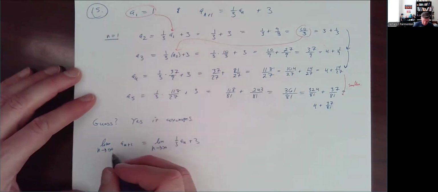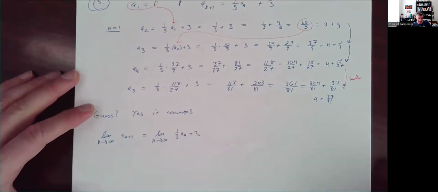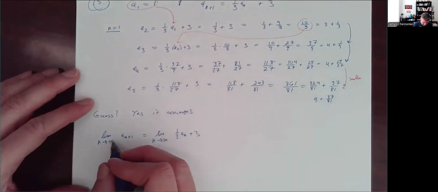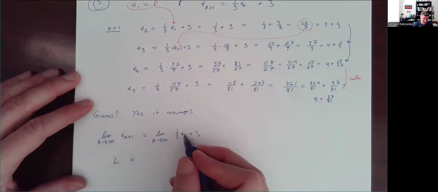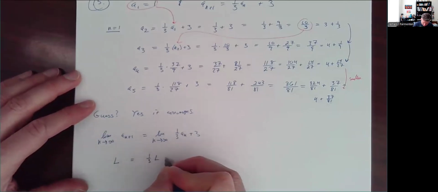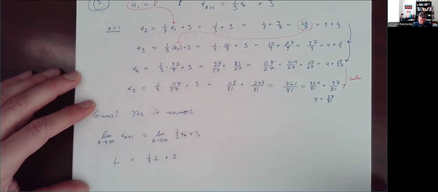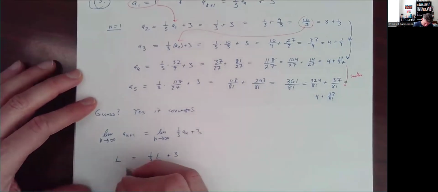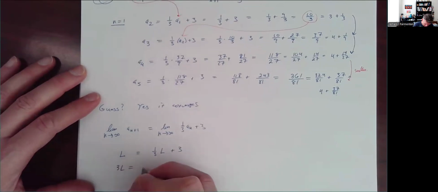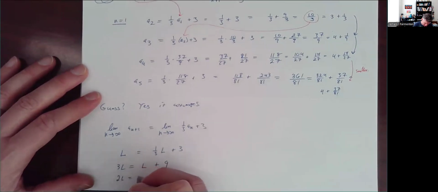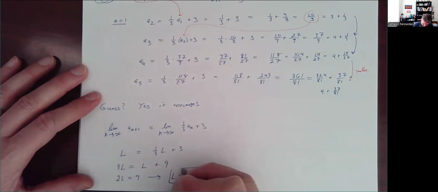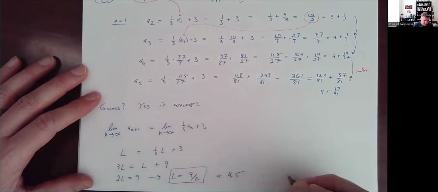This is where we replace the a sub n plus 1s with L's, because we're saying, if this limit exists, it's got to be L. And if the limit of a sub n exists, it's got to be L. Then we multiply both sides by 3 to get rid of the denominator. So we have 3L equals L plus 9. Then we get 2L equal to 9. Oh, look, I guessed it exactly right. L is 9/2 or 4.5.